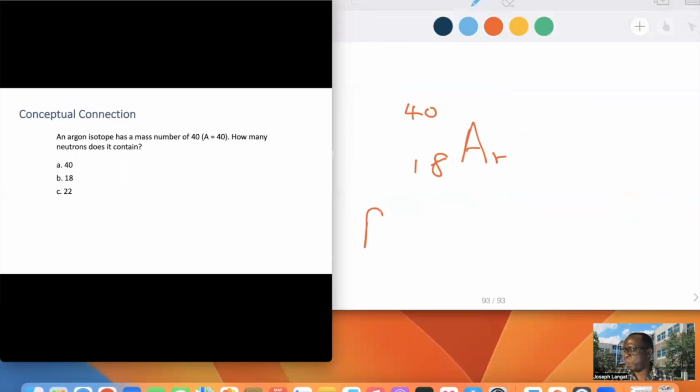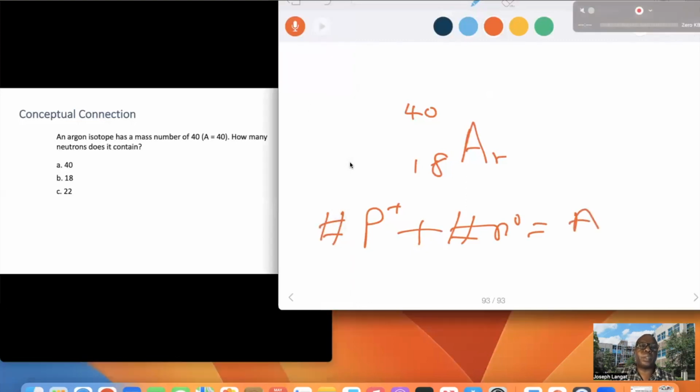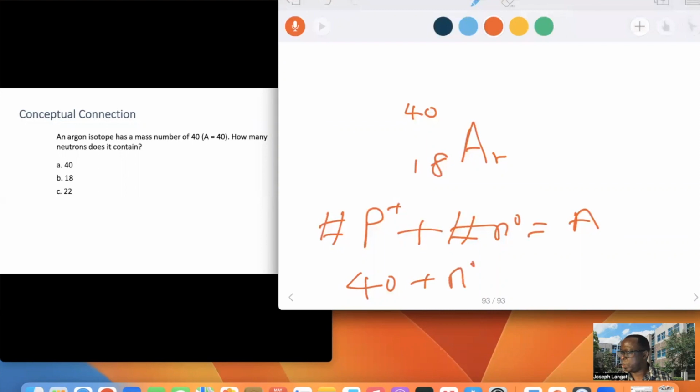You remember, number of protons plus number of neutrons equals the mass number. So if I have 40 equals 18 plus neutrons, argon is number 18, sorry, so I know it is 18.